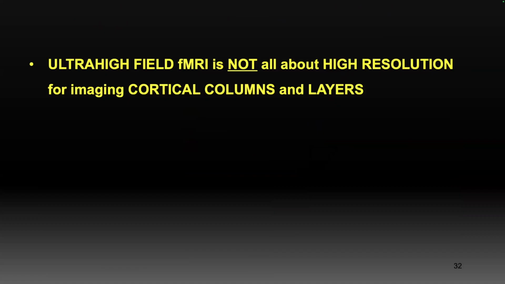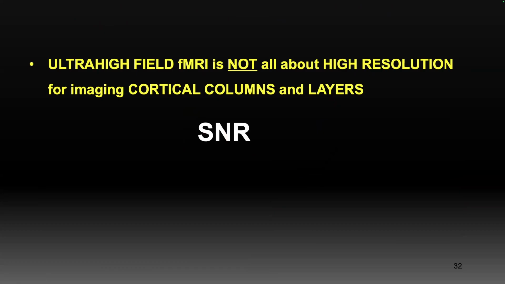However, I want to emphasize that we were able to do that by using ultra-high fields, in this case 7 Tesla. Ultra-high field is defined as 7 Tesla and higher. Ultra-high field, however, is not just about high resolution for columns and layers. If you can do those columns and layers, that means you have a lot of signal-to-noise ratio to do other things as well.